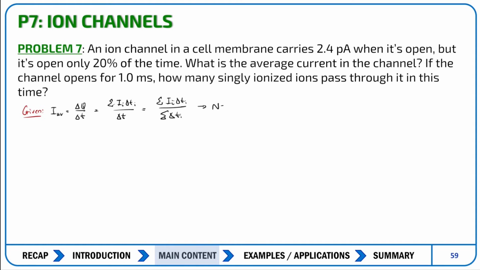And we also know N is equal to delta Q over an electron, or the elementary charge. So in terms of the average current, what can we do to solve for this? It's a summation. So we have I average being equal to 20%.